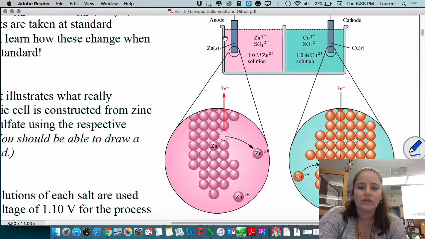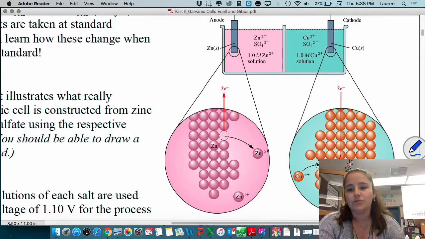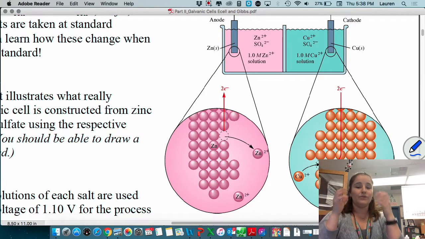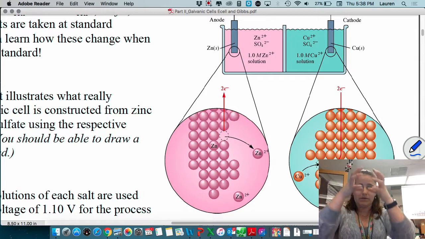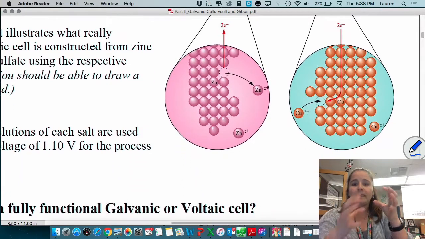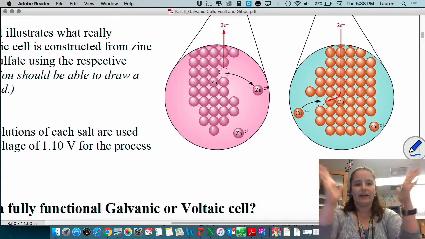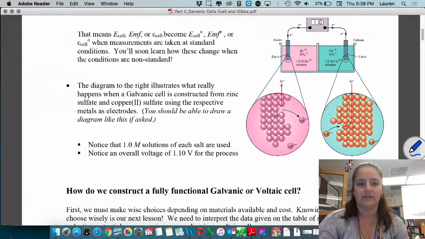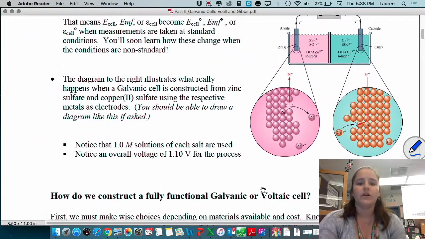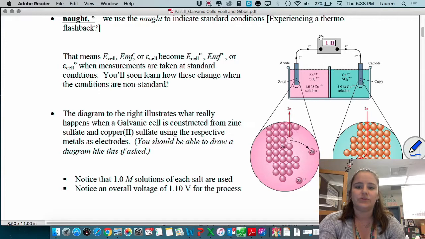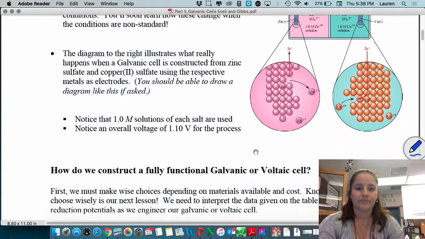The zinc is losing electrons, forming the zinc ions, which are going to get dissolved into solution, where the copper is gaining those electrons, causing the copper 2+ ions to plate onto the electrode. So if you were actually doing this experiment, you would see the copper electrode getting bigger and the zinc electrode kind of shrinking or dissolving in solution. Okay, and this reaction produces 1.10 volts of electricity.